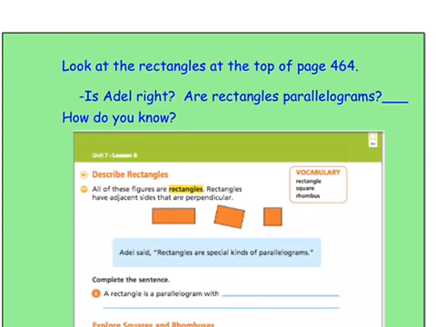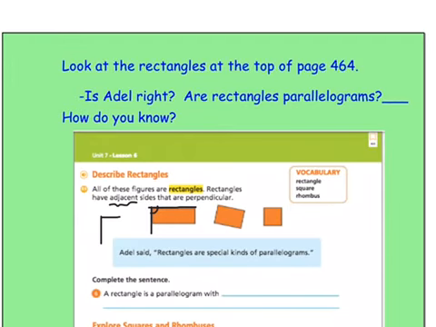Describe the rectangles. All of these figures are rectangles. Rectangles have adjacent sides that are perpendicular. And maybe you recall, adjacent is when 2 sides meet each other at a corner. So perpendicular is this exact thing, when they meet at a corner.